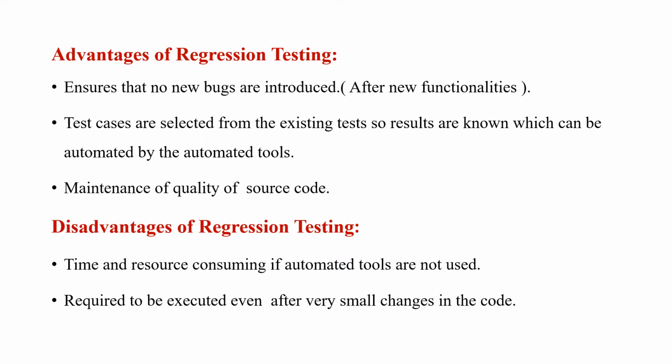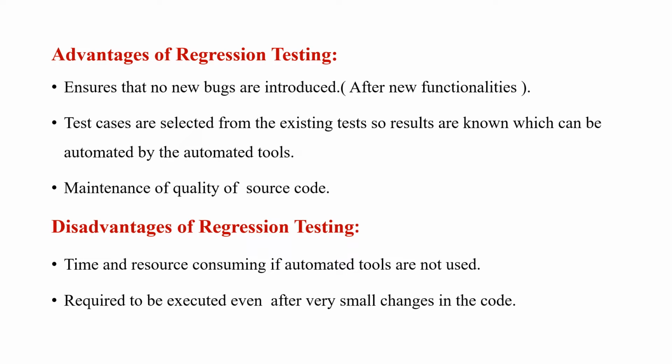Now I'll be looking into the advantages and disadvantages of regression testing. Advantages of regression testing are, it ensures that no new bugs have been introduced. Means after we introduce new functionalities into our software, no new bug has been introduced into the system.